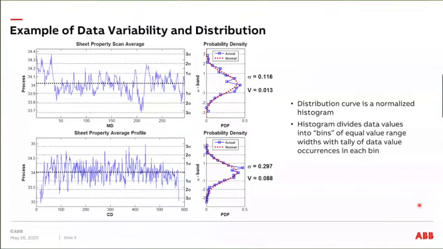What we're showing here is 2 examples. Now this data, like I mentioned earlier, is scan averages for close to 300 scans of data. If I look at the range of say 32.5 to around 33.5, it's probably about a tenth of a pound per ream.